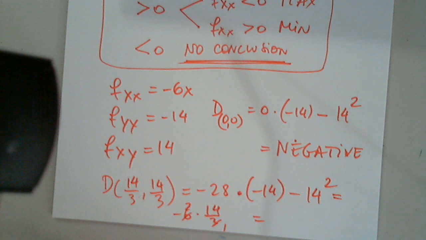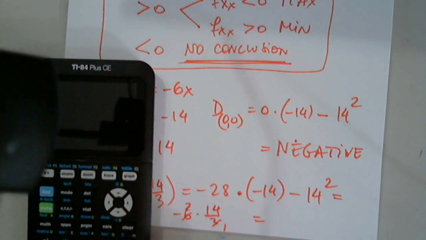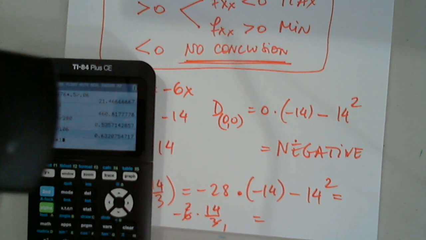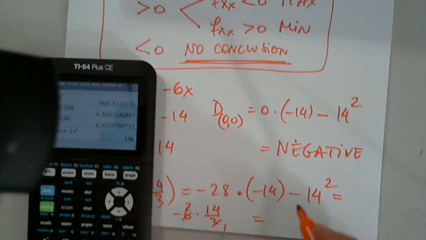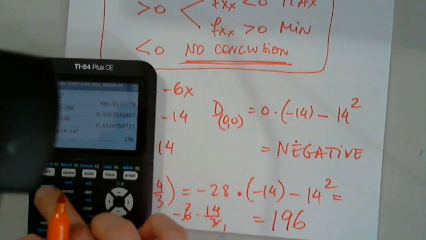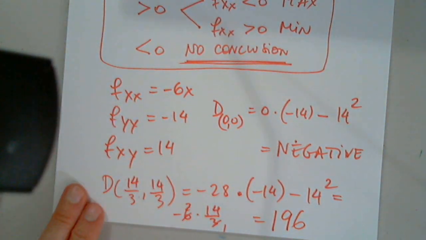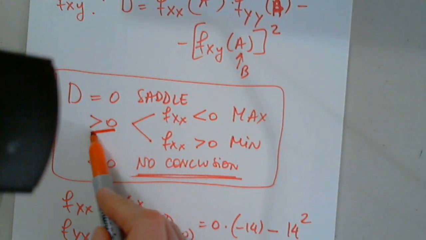So let's see what this is. So this is a positive number, 28 times 14, and minus 14 squared. So this is a positive number, 196. So it's a positive number.